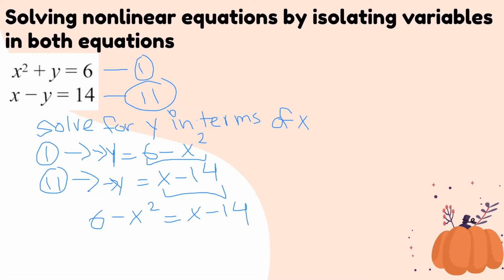Now if I simplify and try to get all the variables and numbers on one side and set the other one equal to 0, this is what I should get. Right? This is the quadratic equation that I should get.